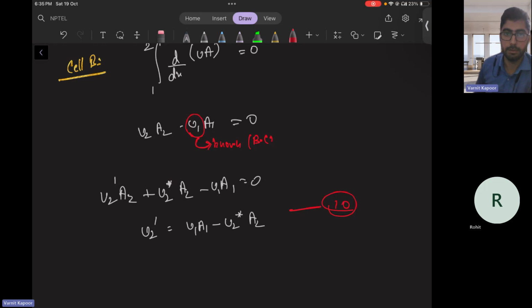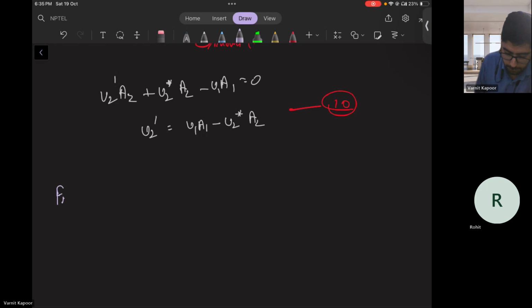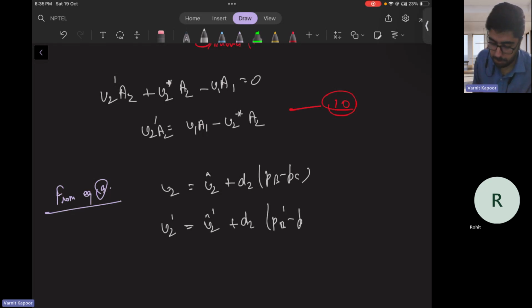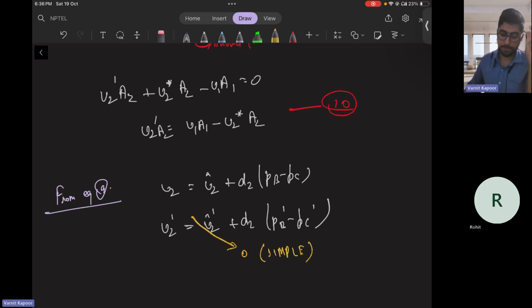So from equation 9, that is U2 hat plus D2 (PB minus PC), U2 prime can be written as, I missed one A2 here, U2 hat prime plus D2 (PB prime minus PC prime). And from SIMPLE, we take this as 0. Right?